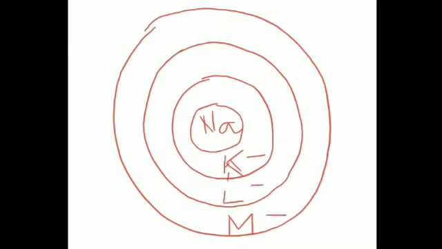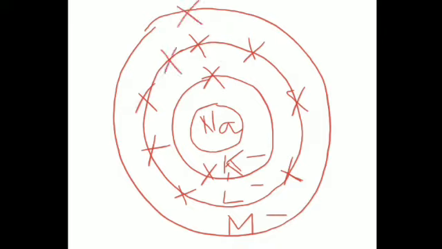You can denote the electrons by crosses also: 2 electrons in the K shell and 8 electrons in the L shell. Is it clear? How many are left? Only 1 electron is left, which will be accommodated in the M shell.